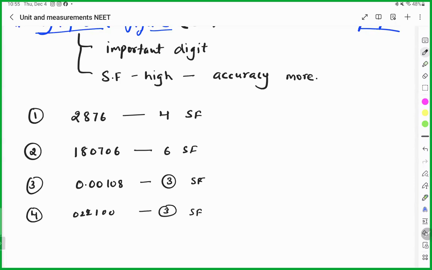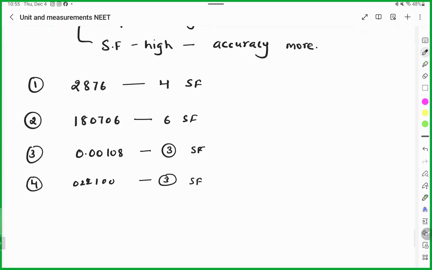And if you express the number in any form, the significant figures should be the same. Example, if I am showing 17600, what are the significant figures in this? 3. So you can show this in this form also, 1.76 into 10 raised to power 4.